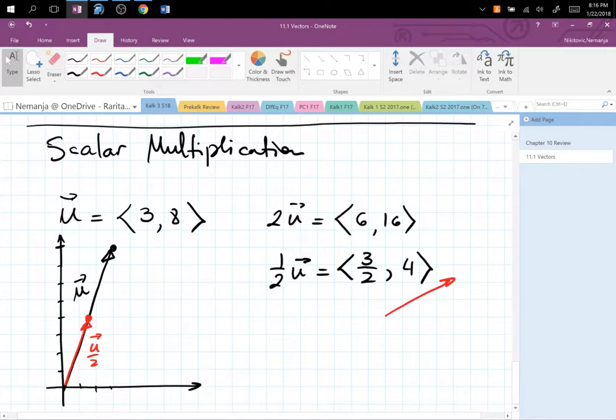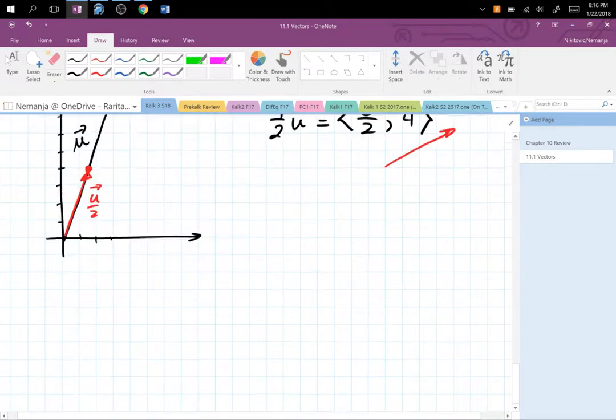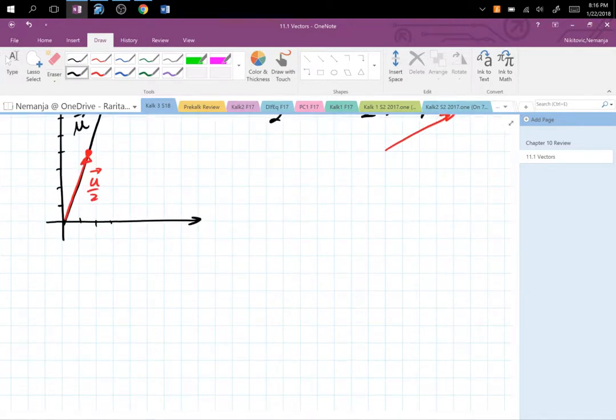Now, a quick thing that I forgot to mention earlier.